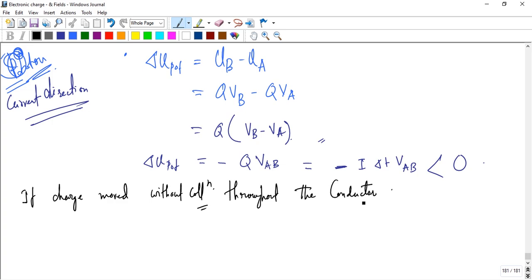So kinetic energy could also be changed. So kinetic energy would also be changed. Okay.